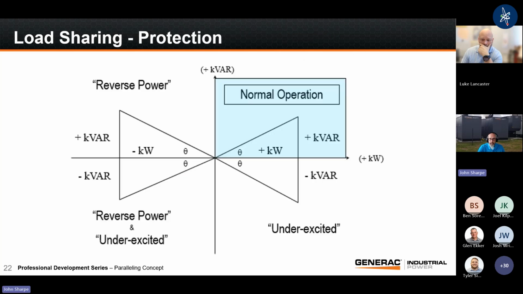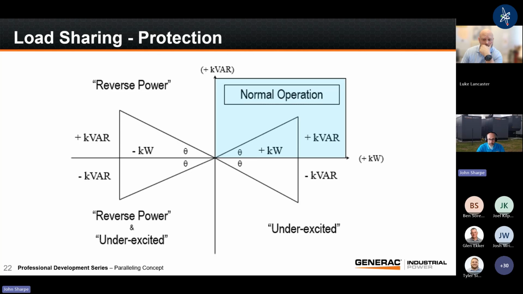What I'm looking for, if I'm looking at the power triangle here, is I want to make sure in normal operations that I have positive kW, right? That's from the engine. That's fuel burning. And I've got positive kVAR. That's going to come from the voltage regulator. So make sure that both units are pushing positive energy out, right? I don't need negative energy, so I'm an underexcited unit where one unit is not putting out the power that it needs to. And I certainly don't want to be in this area here.